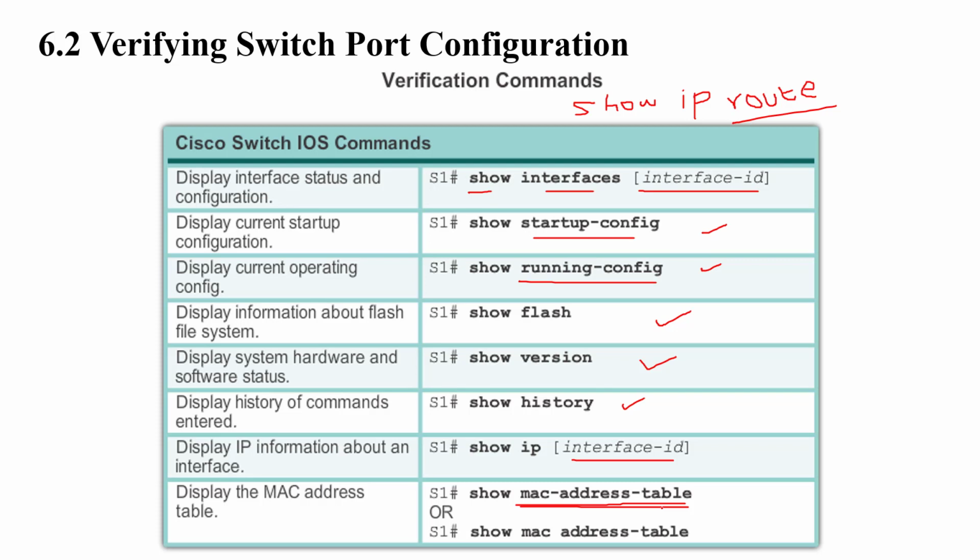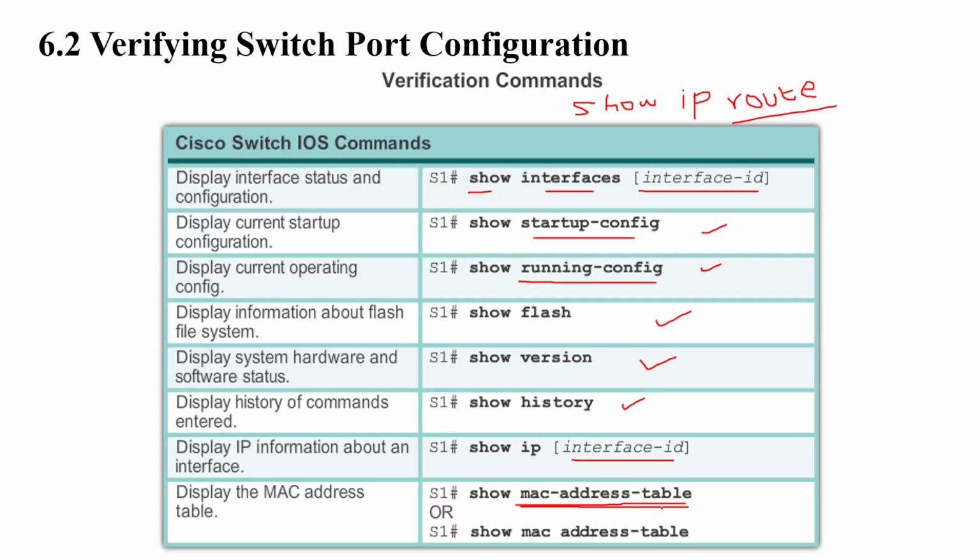We can say MAC address table, or CAM table, CAM. So to display the MAC address table, use show mac address-table. These are all the basic show commands you can use in the switches.